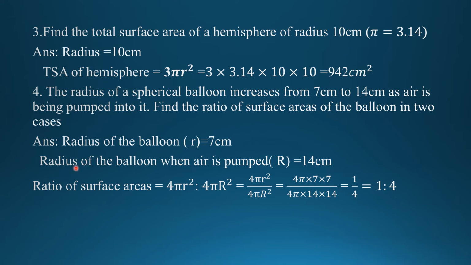When air is pumped into the balloon, the radius changes from 7 to 14, which is taken as capital letter R. We are asked to find the ratio of their surface area, which is 4 pi small r square divided by 4 pi capital R square. 4 pi into 7 square divided by 4 pi into 14 square. Cancellation, we can see it is 1 by 4 and the ratio of their surface areas will be 1:4.